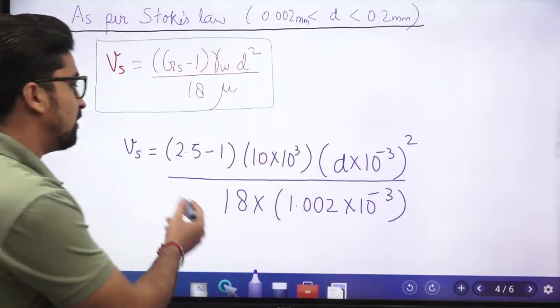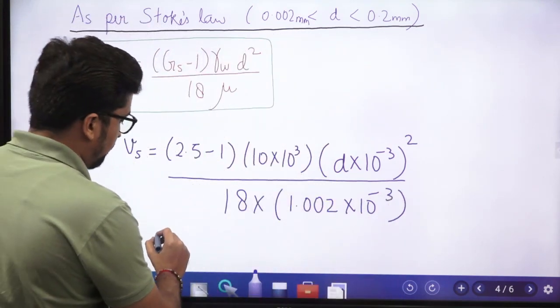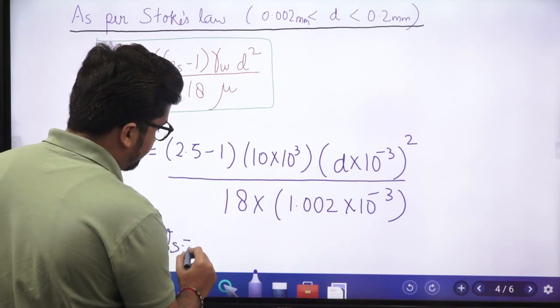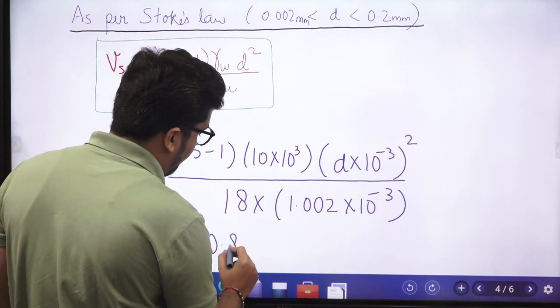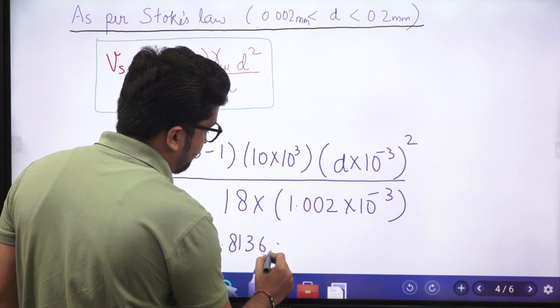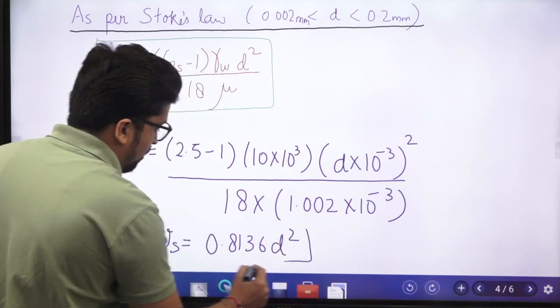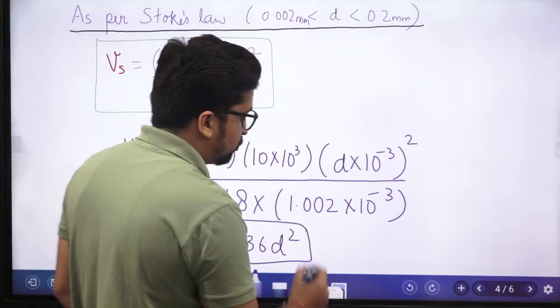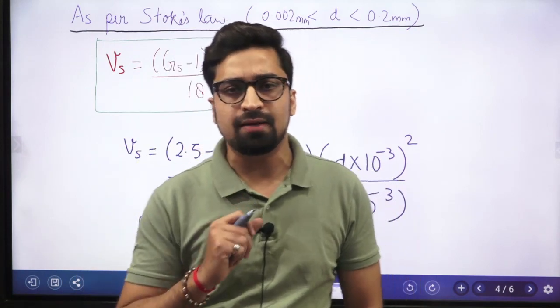So we have all the values. From this we can conclude that the settling velocity will be equal to 0.8136 times d square.